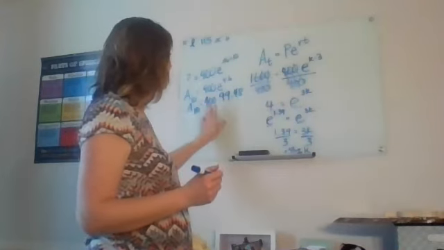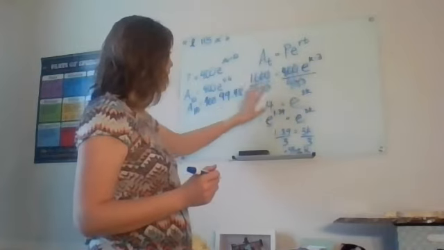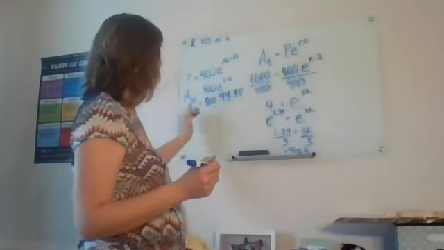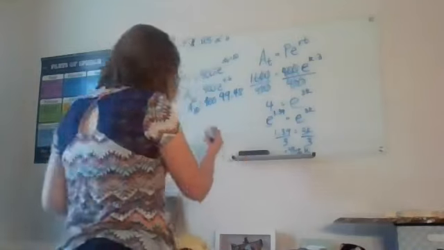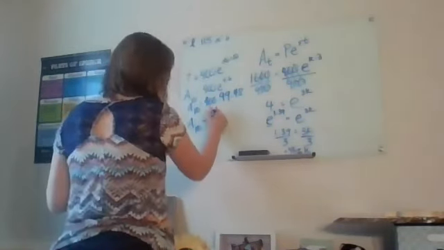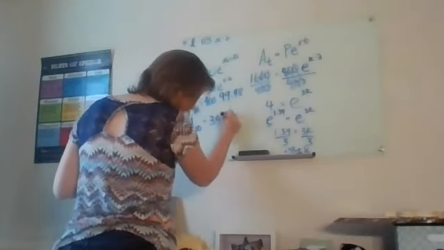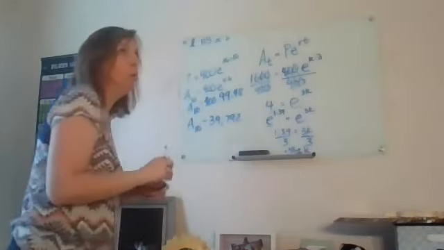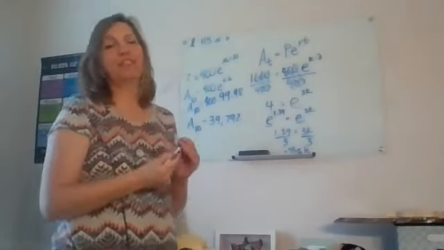So if I start out with 400, if their rate of exponentially increasing after 10 years, how many rabbits would I have? Hold on to your hats, friends. A to the 10th after 10 years would be 39,792 rabbits. Whew, that's a lot of cages, right?